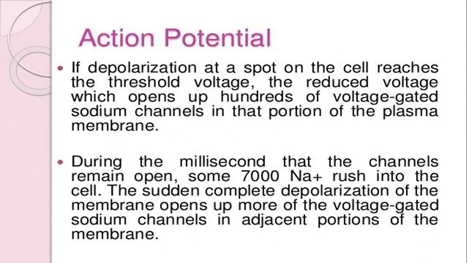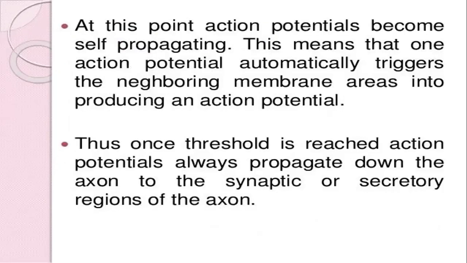If depolarization at a spot on the cell reaches the threshold voltage, the reduced voltage opens up hundreds of voltage gated sodium channels in that portion of the plasma membrane. During the millisecond that the channels remain open, lots of sodium rushes into the cell, and this follows a positive feedback mechanism.